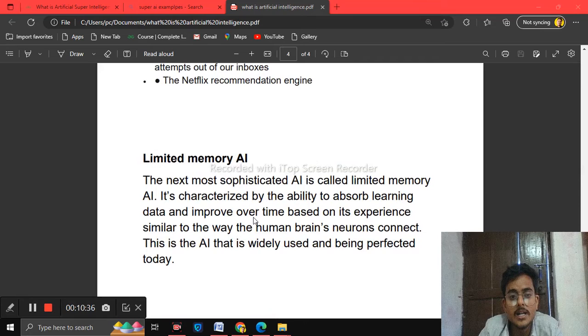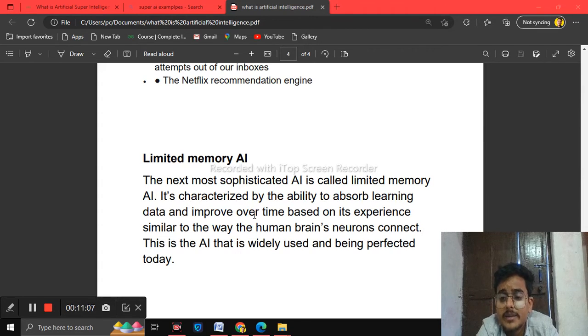Okay guys, let's move ahead and think about limited memory AI. What does limited memory AI do? The next most sophisticated AI is called limited memory AI. What does it mean? It's characterized by the ability to absorb learning data and improve over time based on its experience, similar to the way neurons in the human brain are connected.